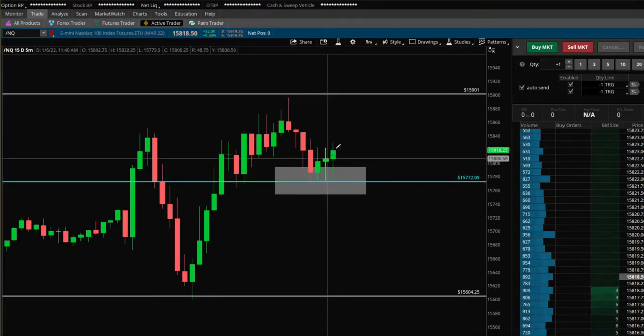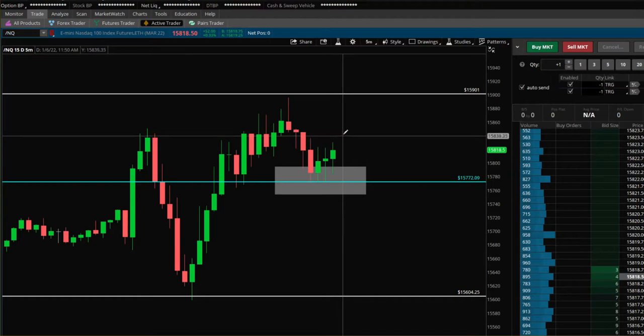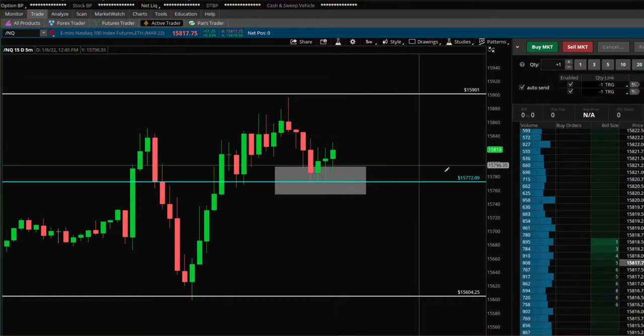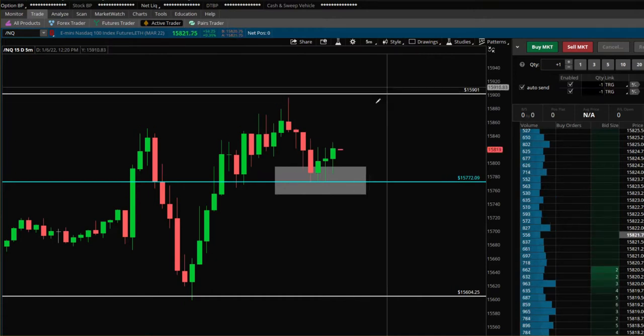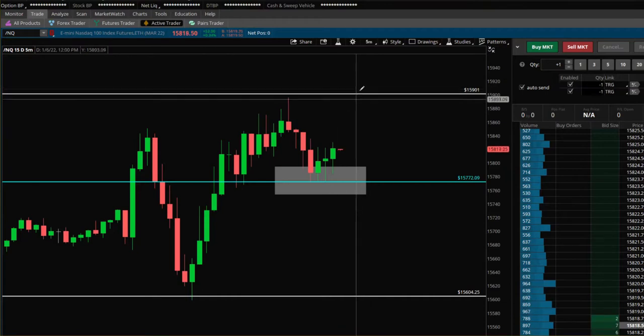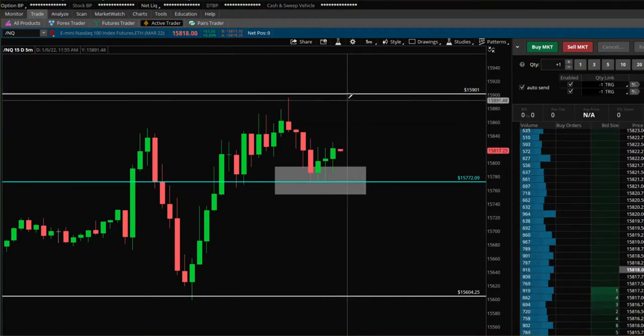And I was trying to buy just for a little bounce towards the midpoint of this range between 772 and 901. I would be shorting the stock on the NQ here if I start seeing some top wicks or things like that. But it can break out too.